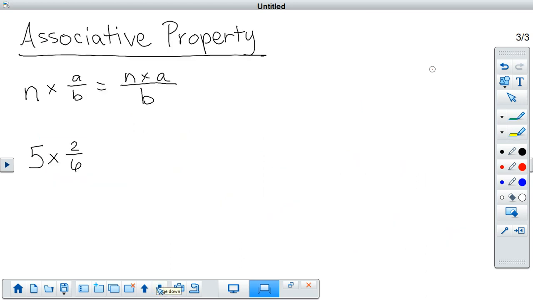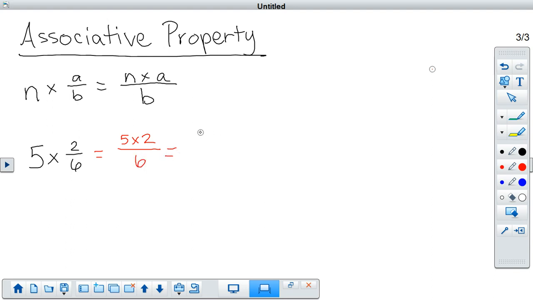So again, the associative property looks like this: n times a over b, so that's the whole number times a fraction. It's the same thing as multiplying that whole number times the numerator and putting it over the denominator. So that same problem, 5 times 2/6, I can rewrite as 5 times 2 and write that over 6.